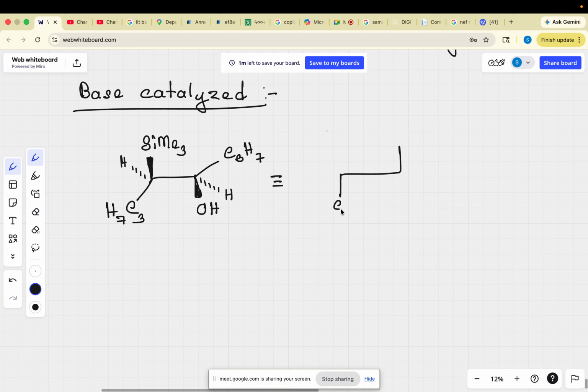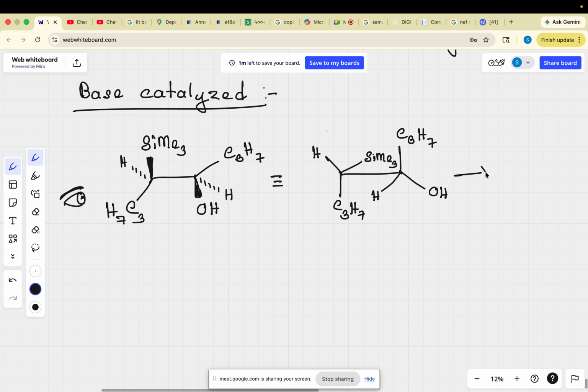You can write down here C3H7, this is the main skeleton you have. You are observing this molecule from this side. Here you have C3H7 above the plane, SiMe3 will go on the right-hand side and hydrogen on the left side, and on the right-hand side you will have OH, and on the left side hydrogen.